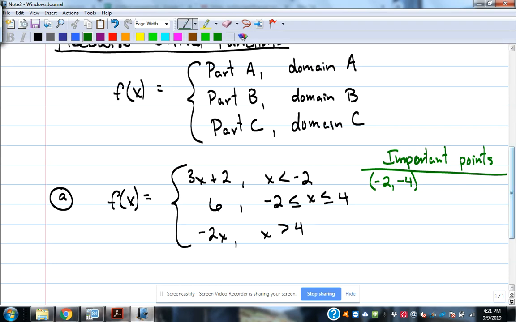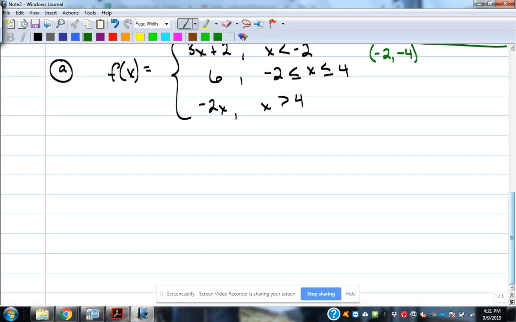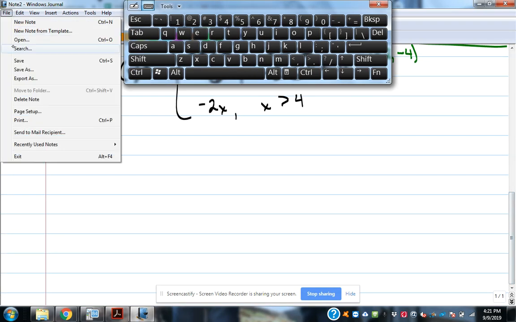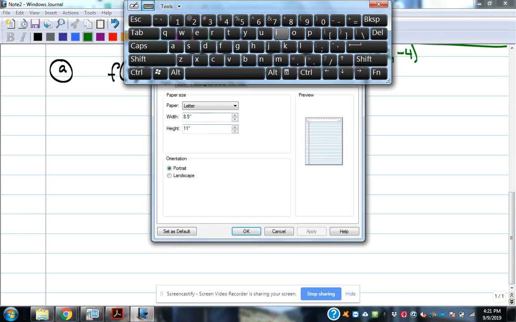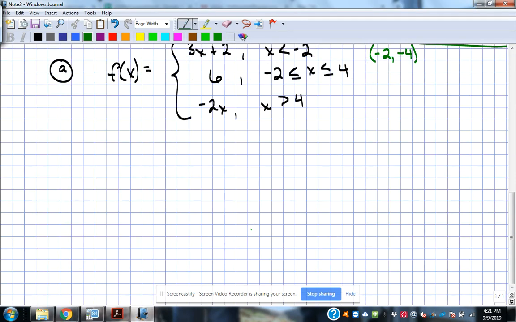Okay, and I'm going to graph as I go here. So I'm going to swap over here to a piece of graph paper. If you want to graph on a separate sheet, that is absolutely fine. I tend to do that a lot if I'm working on paper, but since I'm working on the digital paper here, I'll just draw it here.